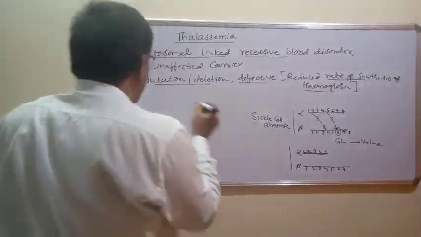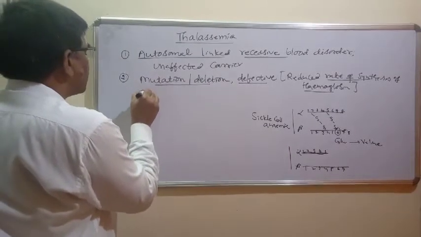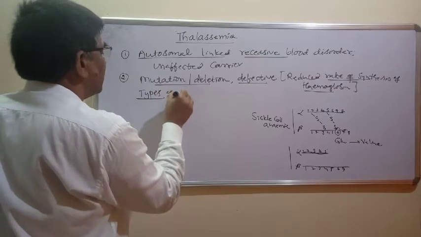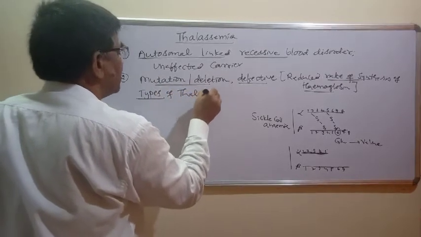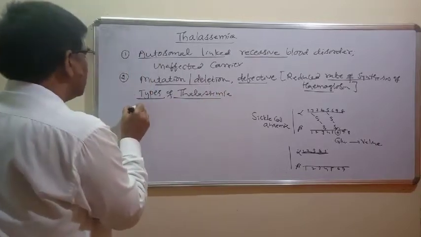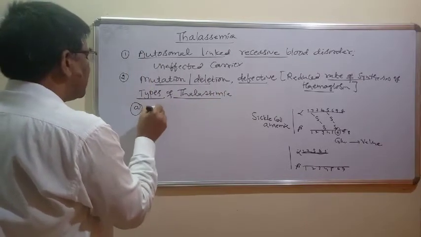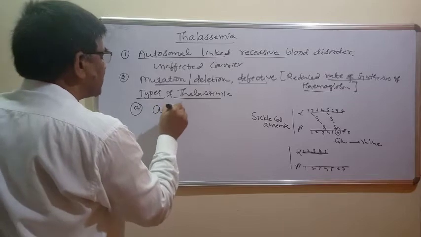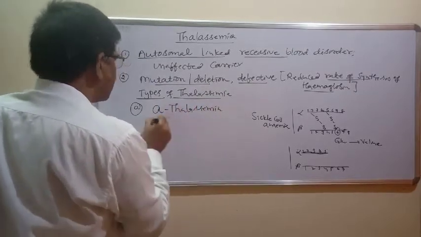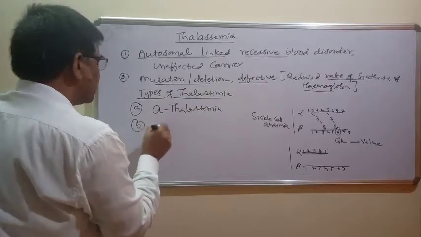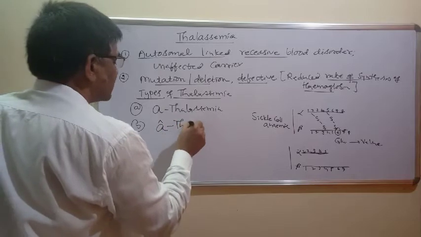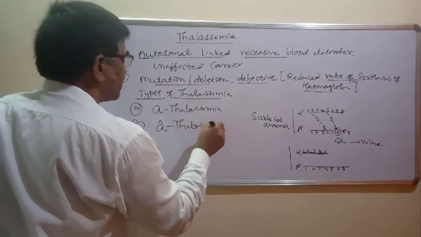Based on that we can classify thalassemia into two different types. Types of thalassemia: one is called alpha thalassemia, and another is called beta thalassemia.